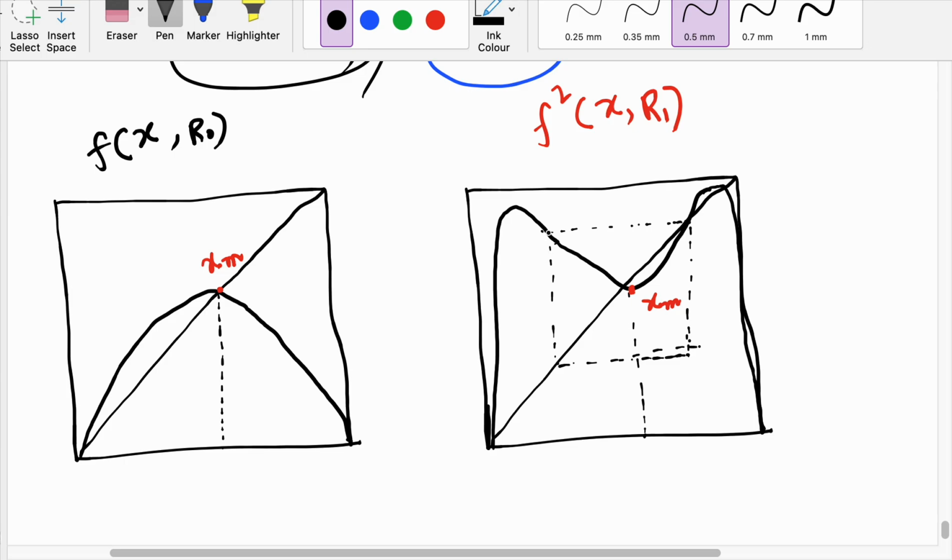My drawing is very bad, but the thing that remains inside the smaller green box is similar to whatever remains inside this box.